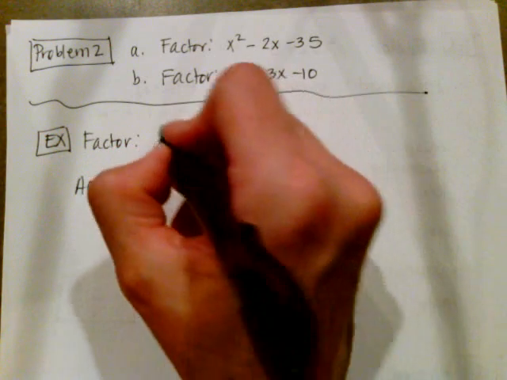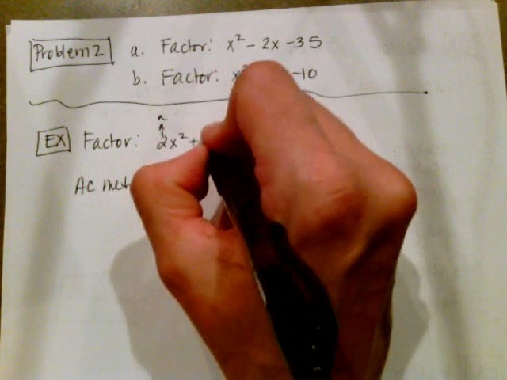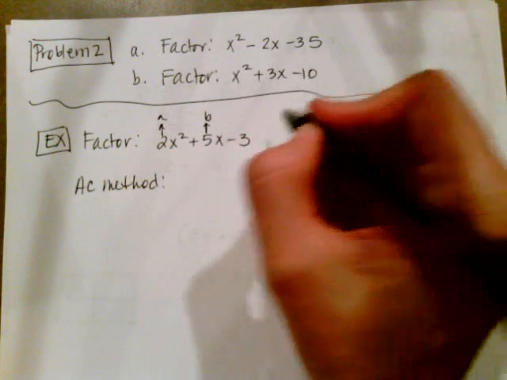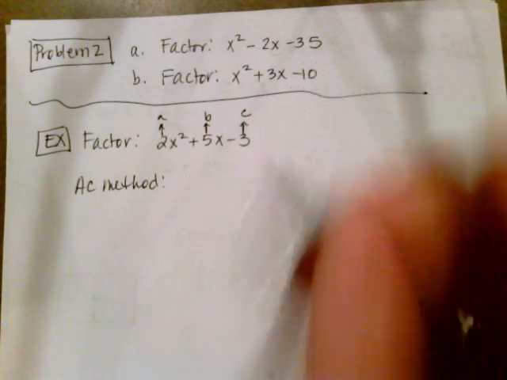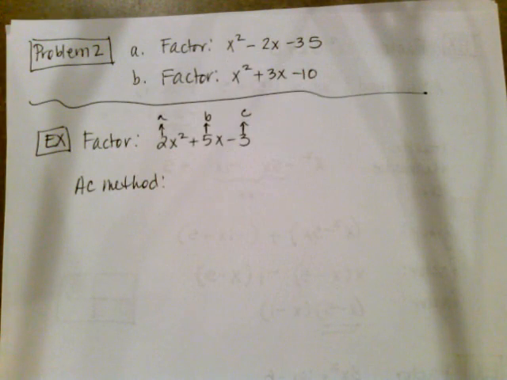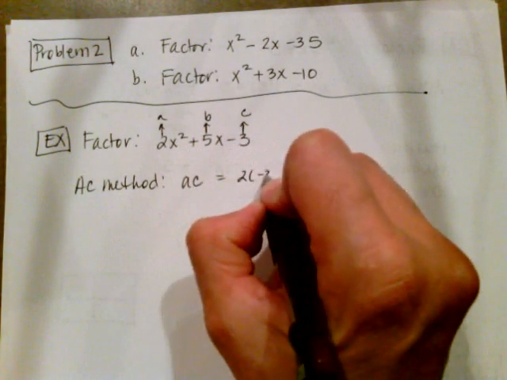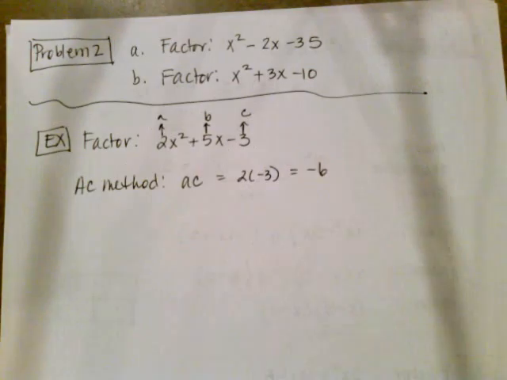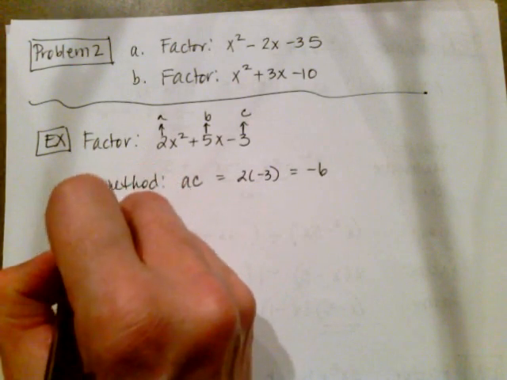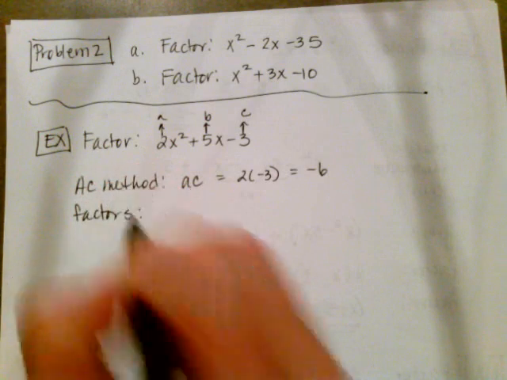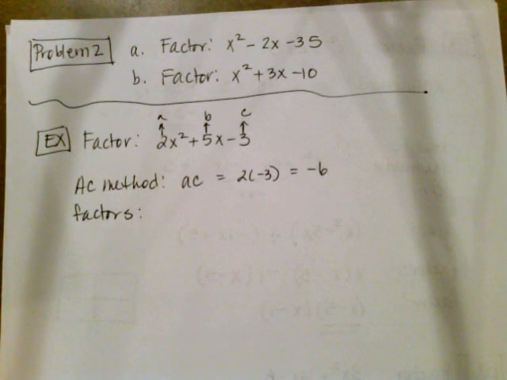Alright, so I know that this is my A, this is the B, and then there is my C. The first step is to do A times C, so that's going to be 2 times a negative 3, which is a negative 6. Okay? And then I need to find the factors of a negative 6 that are going to give me 5.